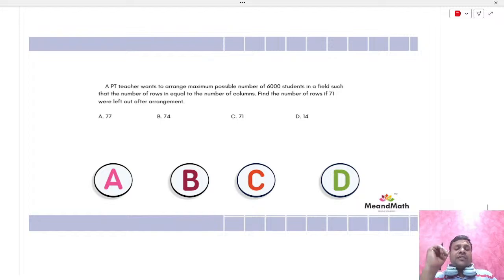It becomes a perfect square when we subtract 71 from 6,000. Why? Because 71 are left. Now you have to find the square root. So this question is again about finding the square root.